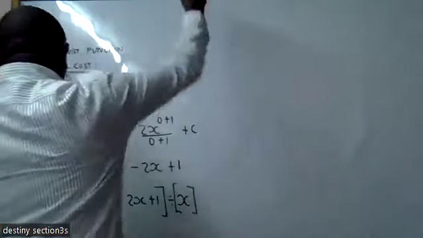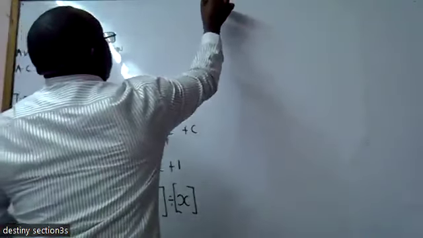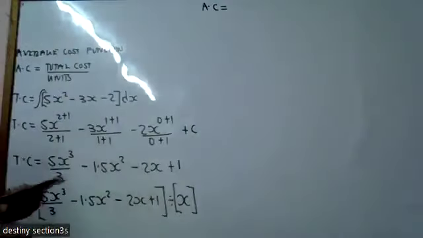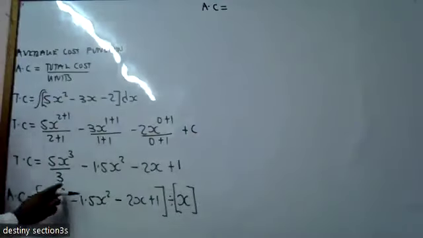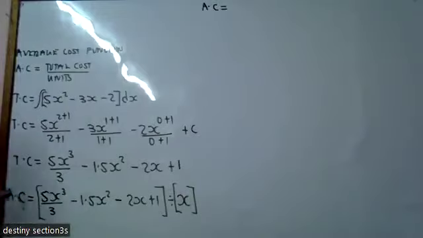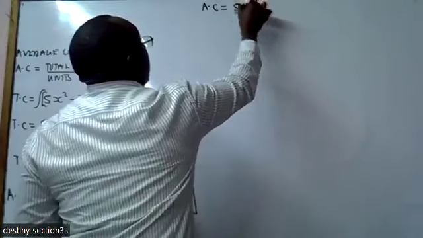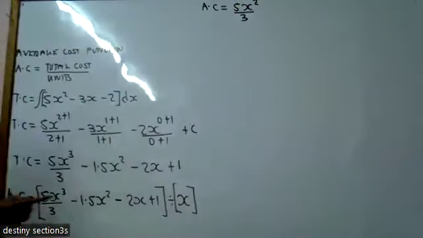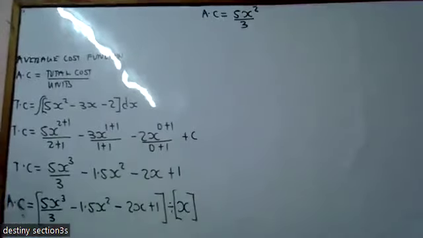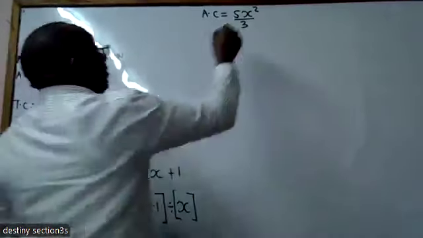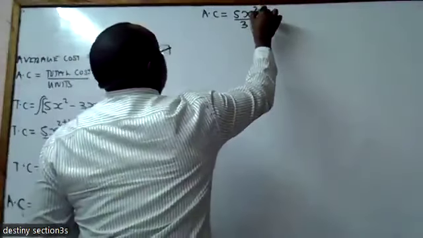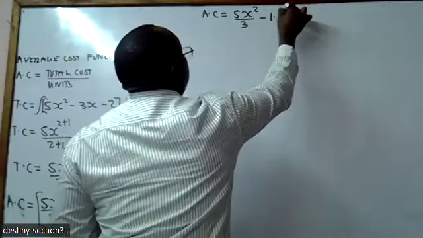Sasa, the answer will be, because of this x, 1x hapa itoke tuachiwe 2 of them, so itabaki 5x squared out of 3. Hivyo. Then hii 1x itoke ndio tuachiwe 1.5x minus 1.5x.